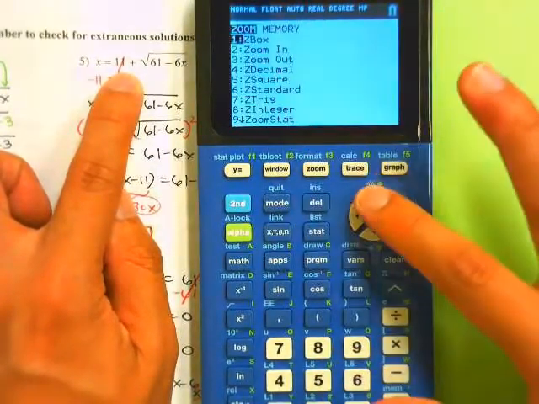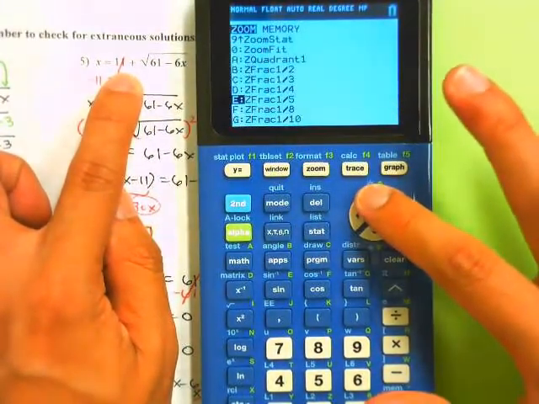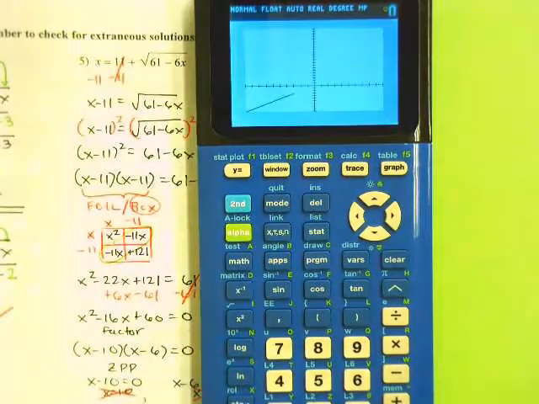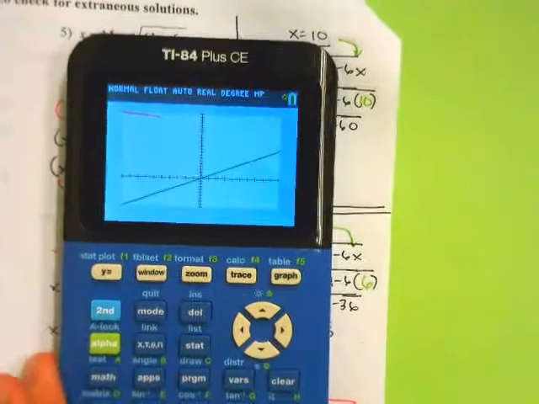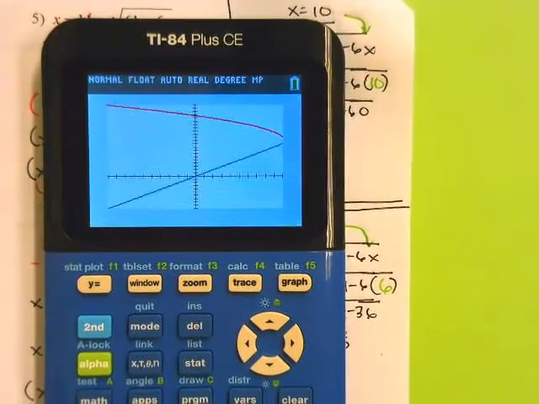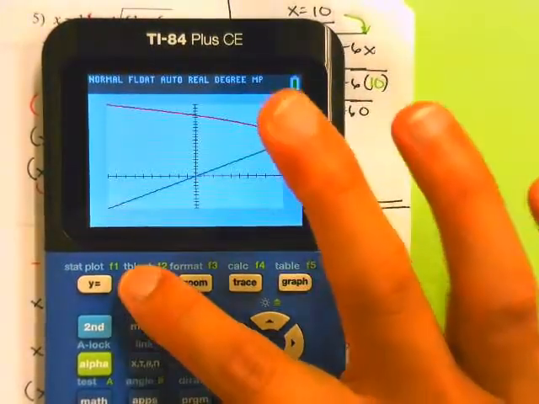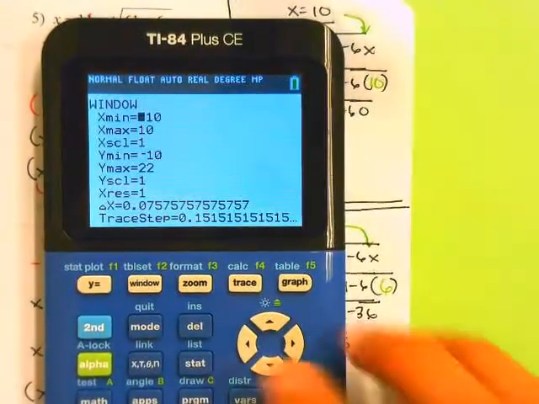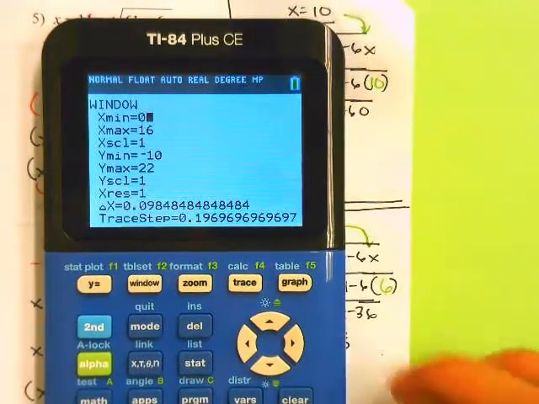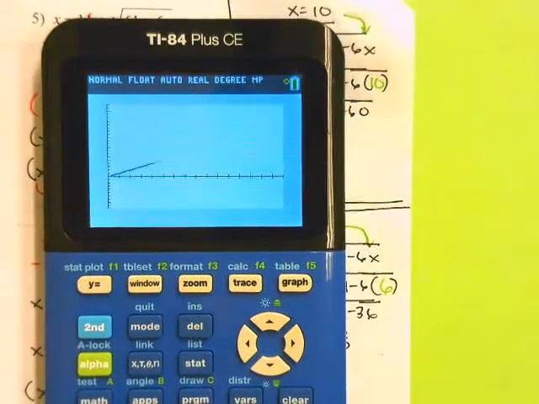Okay, zoom fit is going to be our best friend. Probably not a good window, so I'm going to change the window. Maybe I want a little bit more, 16, 0. Let's take a look at that.